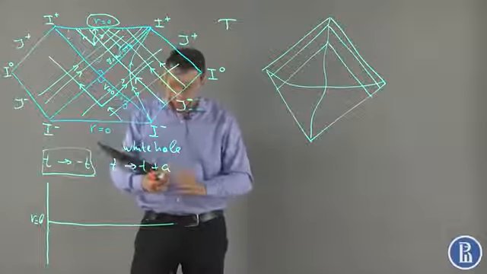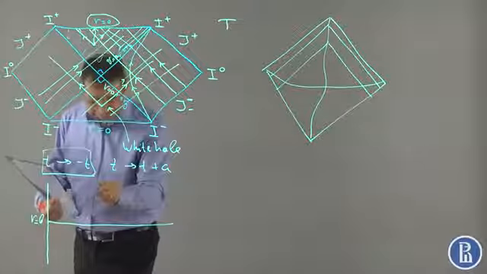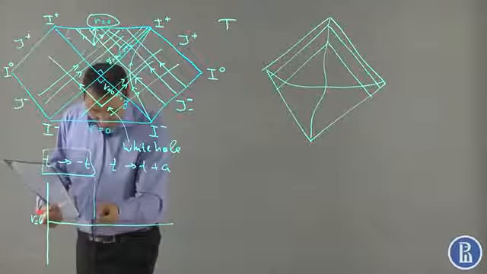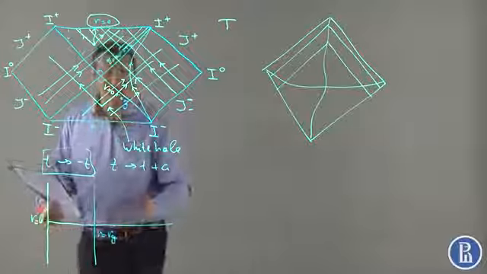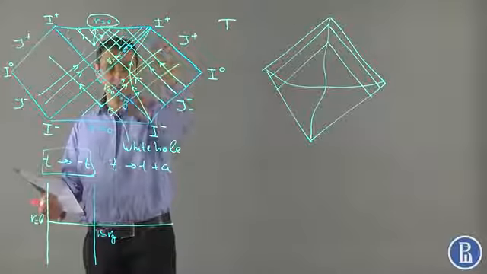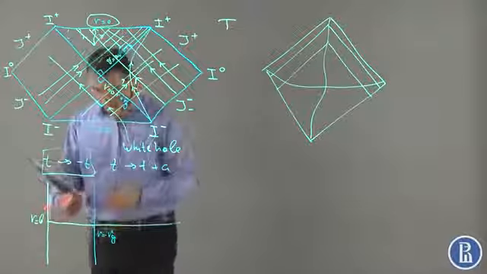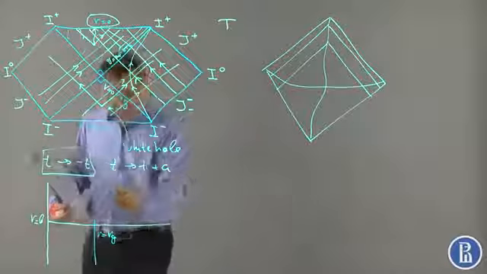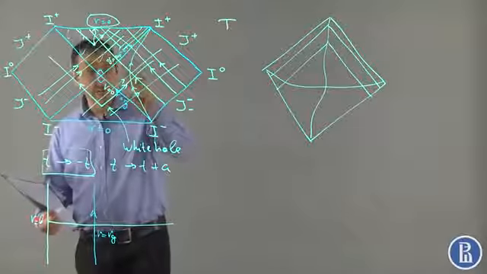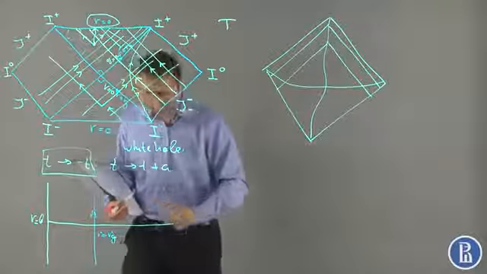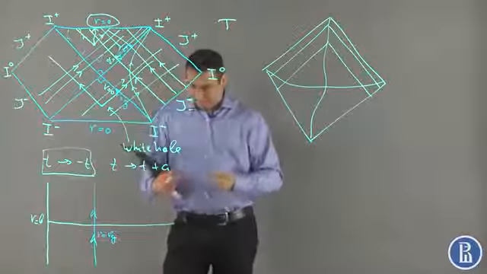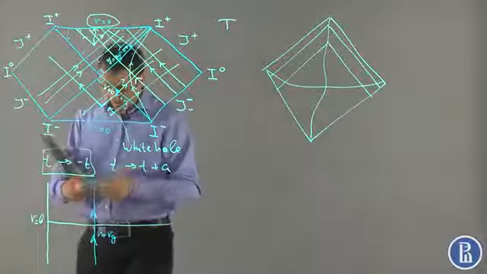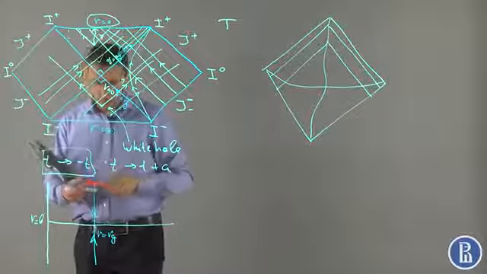We had the horizon, this is r equals r_g, so it's similar to this situation. So r equals r_g is one of the light rays, similar to these. These are light rays, also light-like surfaces. And now ingoing light rays, if you remember, were like this.